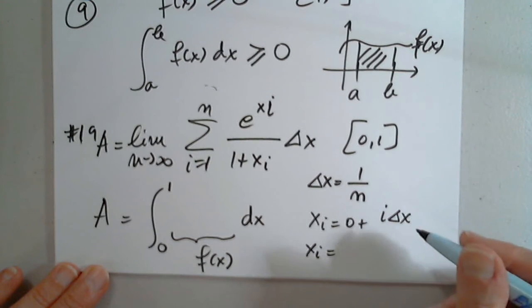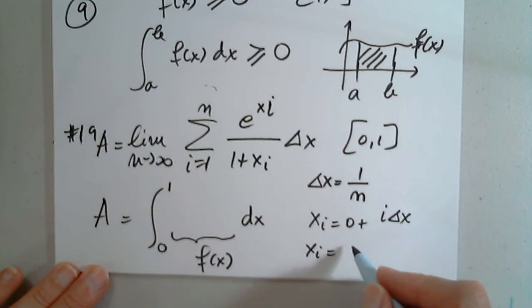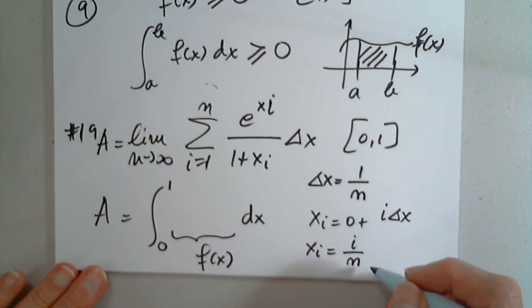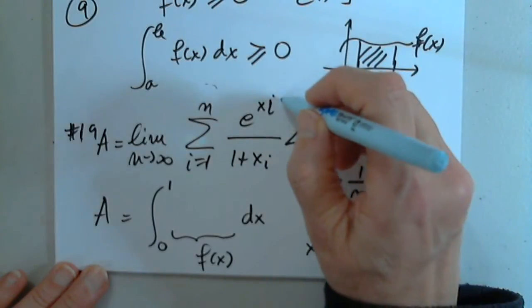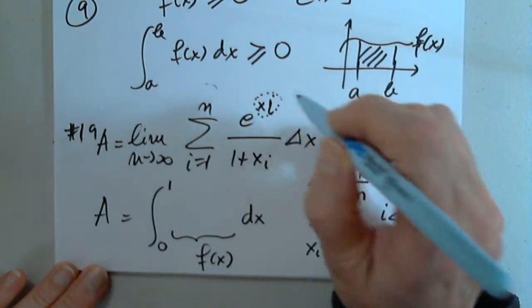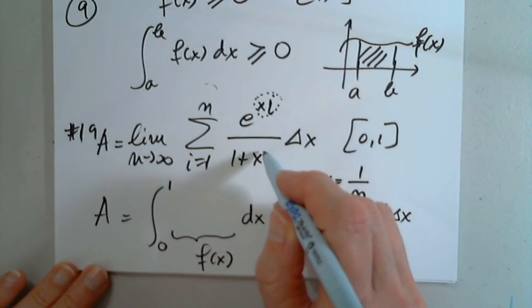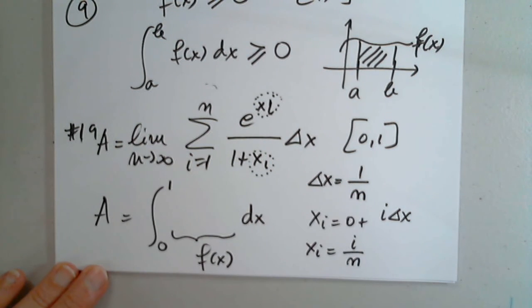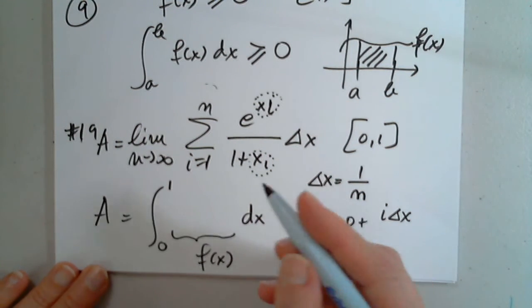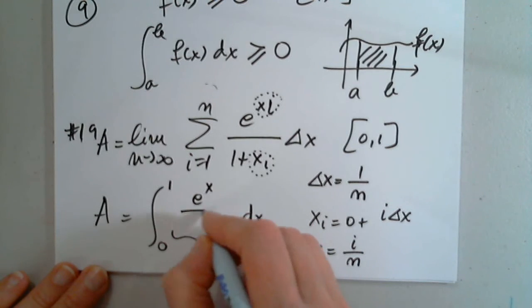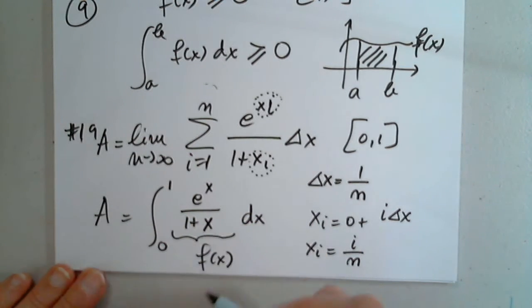So x_i is nothing else but i over n. That's our x_i. So this is basically i over n, and this is basically i over n. So all I have to put in is just e to the x over 1 plus x.